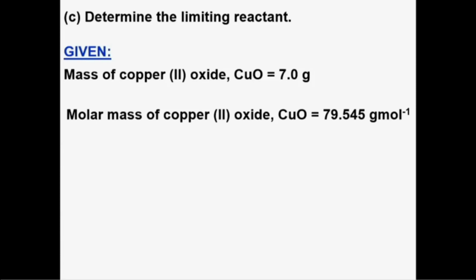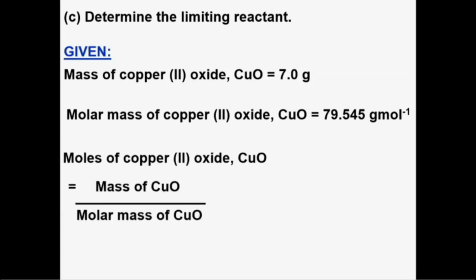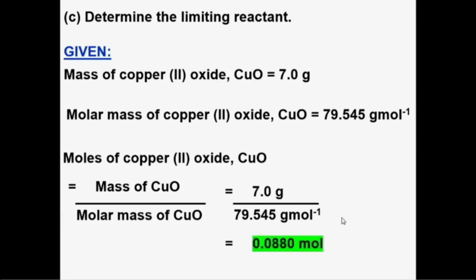Moles of copper oxide equals mass divided by molar mass, so 7 grams divided by 79.545 grams per mole gives 0.088 moles of copper oxide.